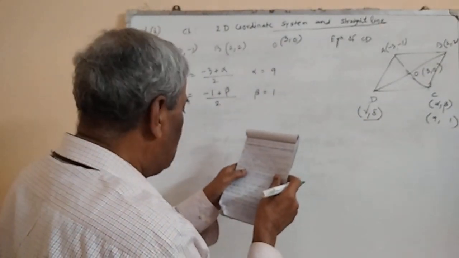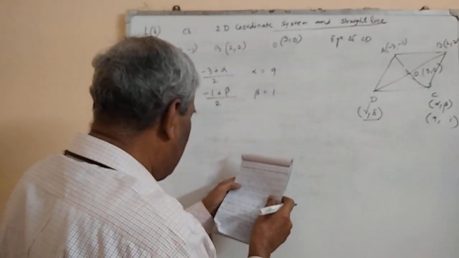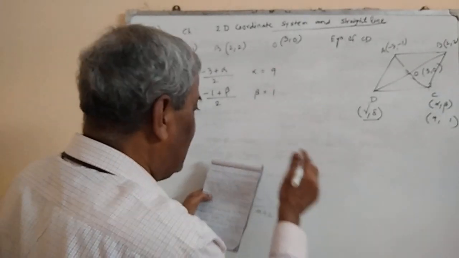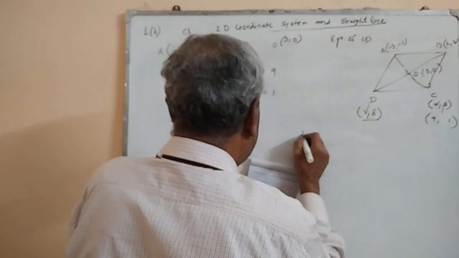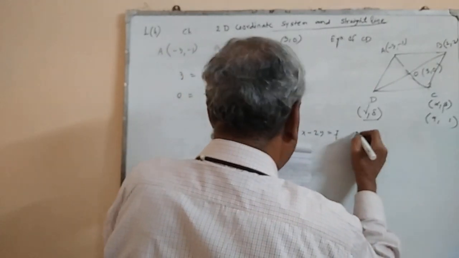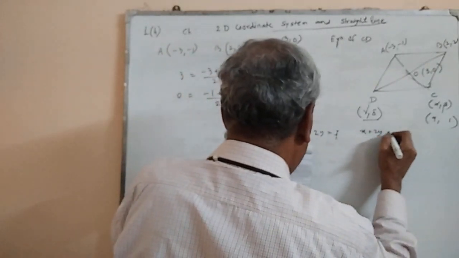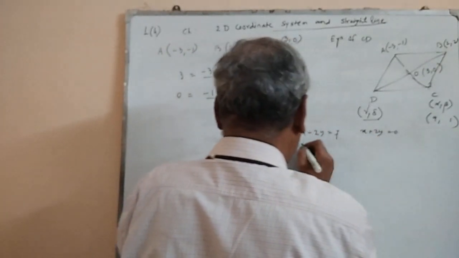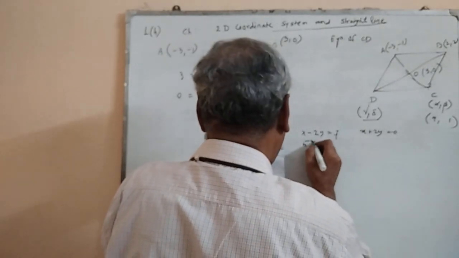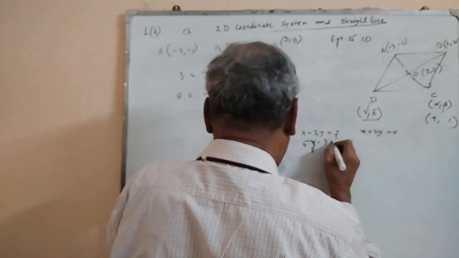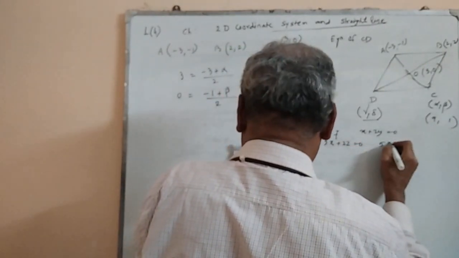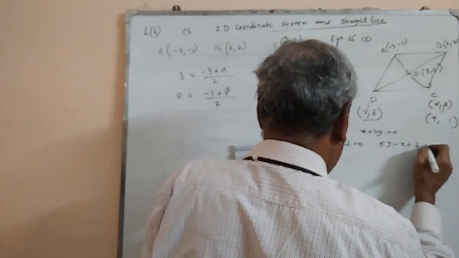Oh, options are not given. Just one minute. So here the options are like that. x minus 2y is equal to 7, this is number 1. x plus 2y is equal to 0, number 2. 5y minus 3x plus 22 is equal to 0, and 5y minus x plus 4 is equal to 0.